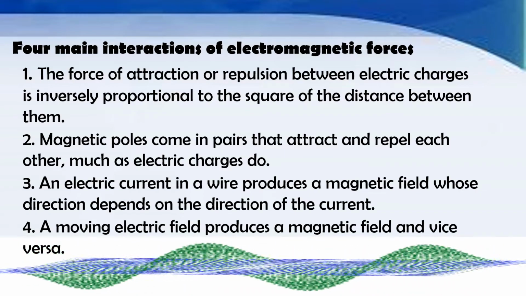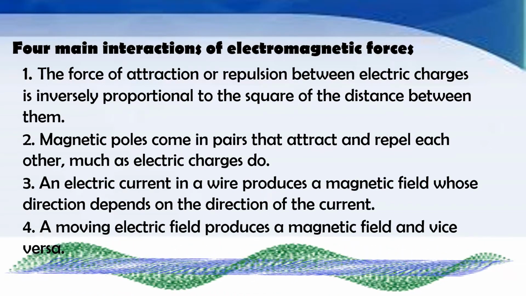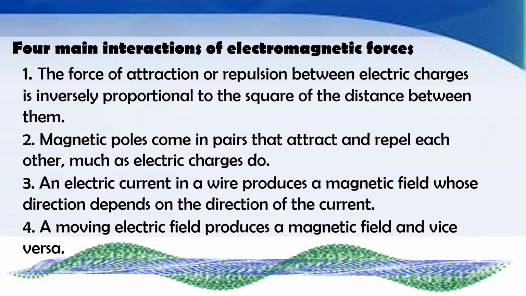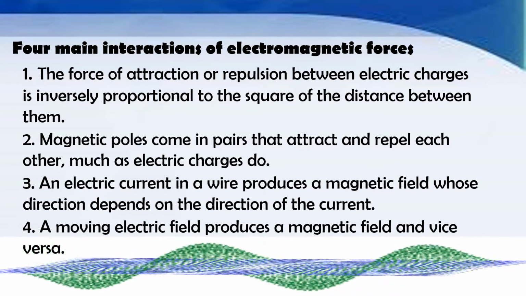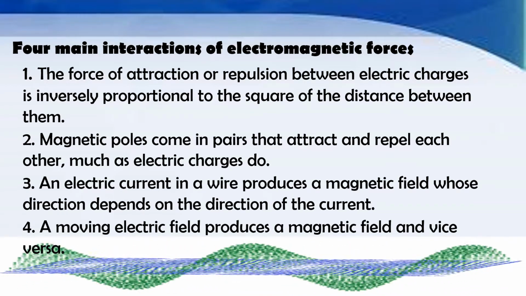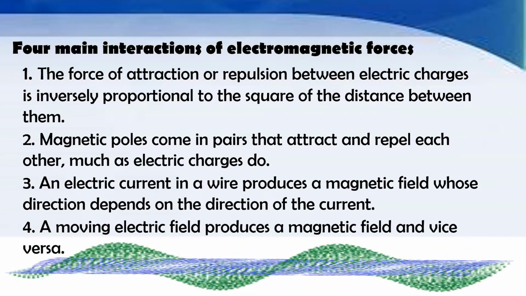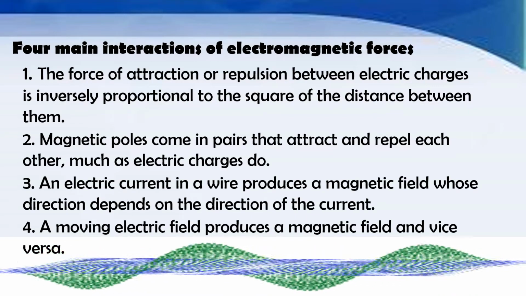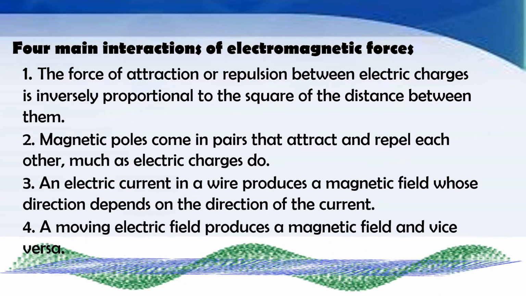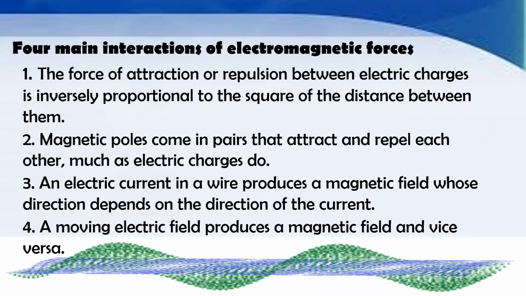Number three, an electric current in a wire produces a magnetic field whose direction depends on the direction of the current. Number four, a moving electric field produces a magnetic field and vice versa. Okay, class? So these are the main four interactions of electromagnetic forces.